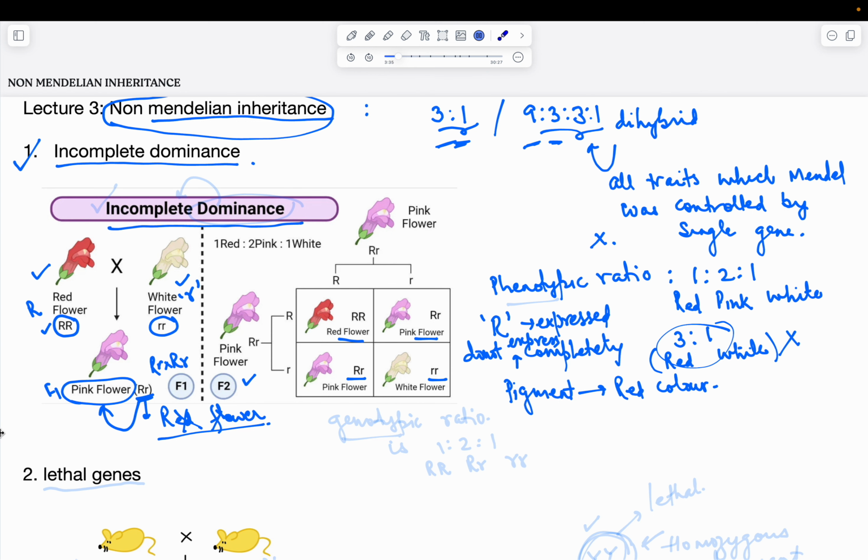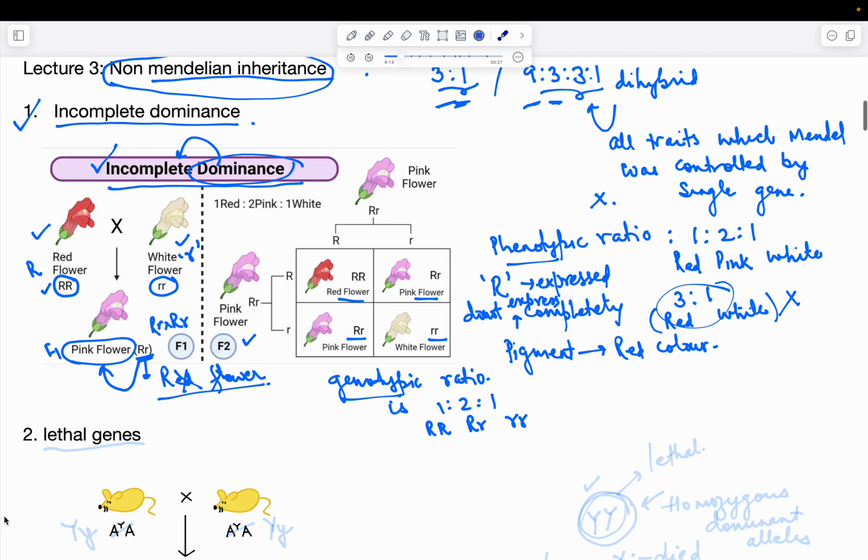So it has shown dominance, but that dominance was not complete. In this case, the genotypic ratio is 1:2:1: one homozygous dominant, two hybrids, one homozygous recessive. So the genotypic ratio and phenotypic ratio in incomplete dominance are the same.